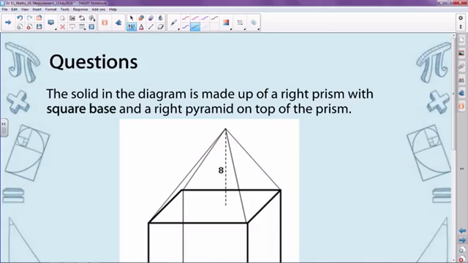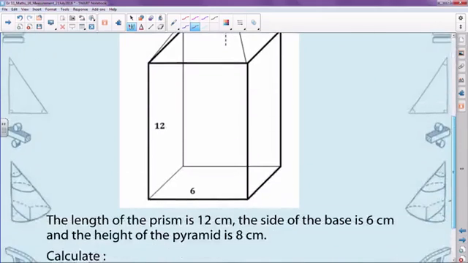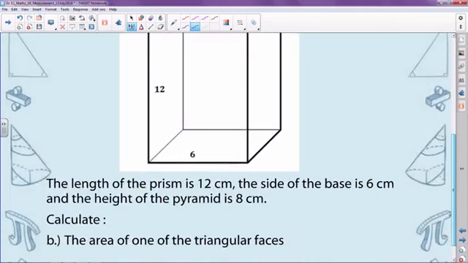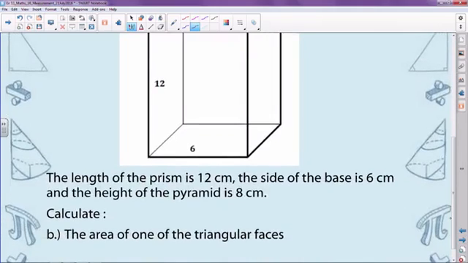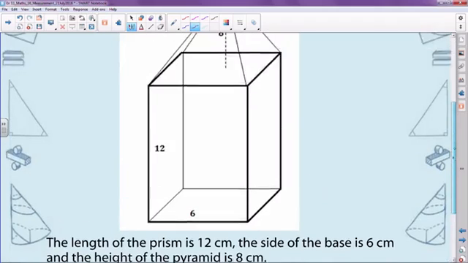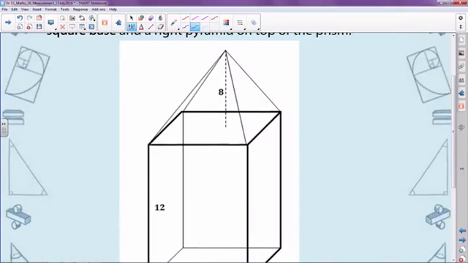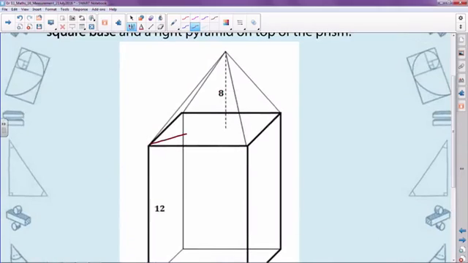Now, the next problem. They're saying now calculate the area of one of the triangular faces. Okay, so as we already have that is 3, and then that part will be your 8.54, right?